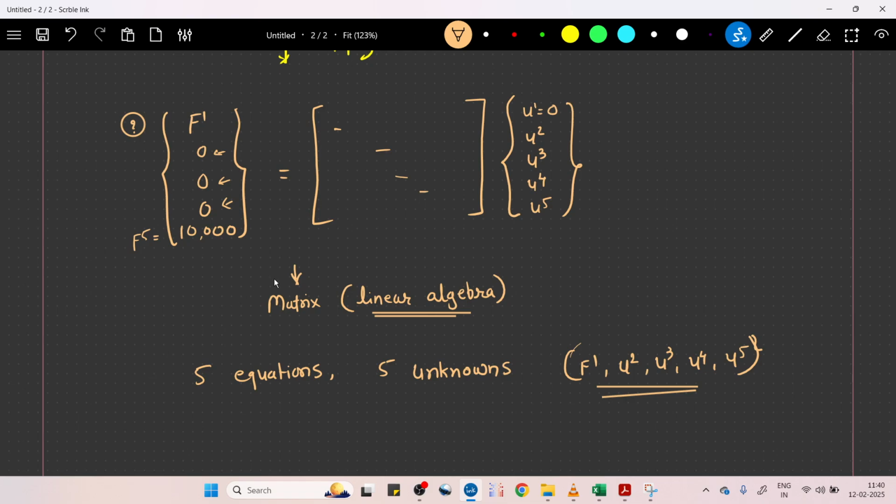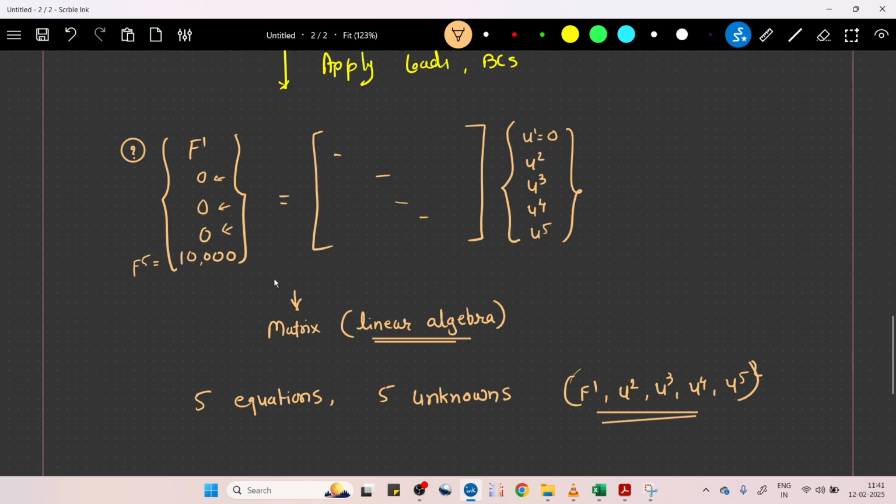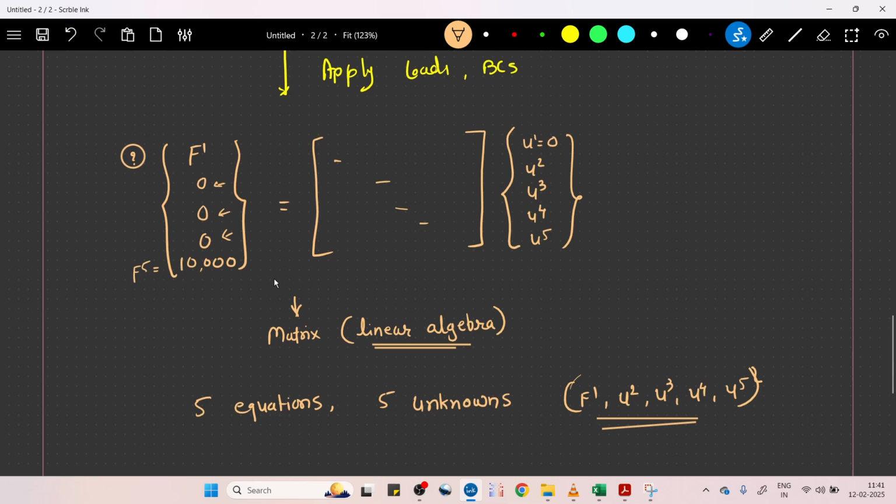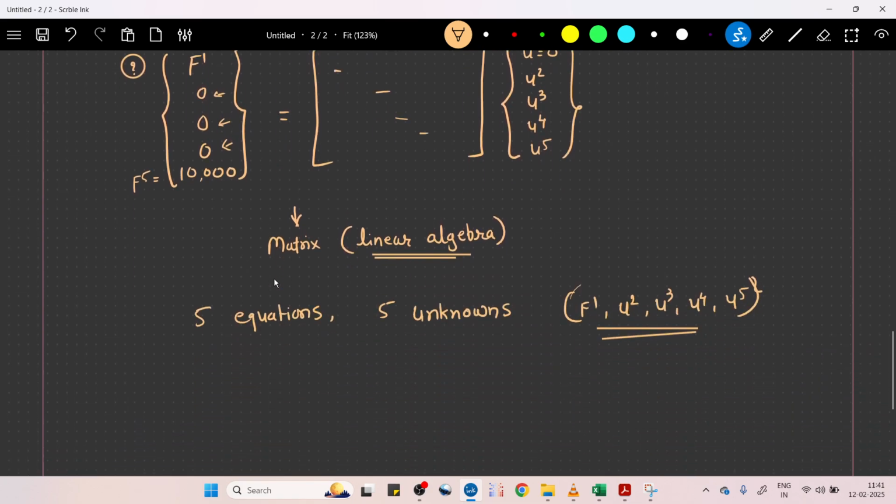That is how, this is a very broad overview of FEA equations and solving an FEA problem for an assembly when we discretize it into n number of finite elements. Here we have taken four finite elements. So this is how you solve.